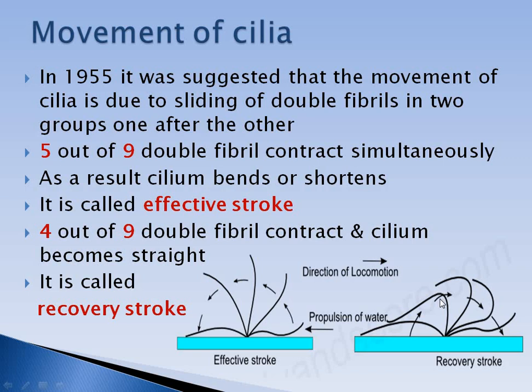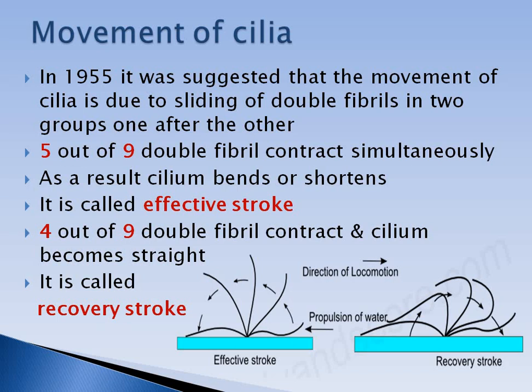In the effective stroke, out of 9 doublets, 5 doublets contract simultaneously, and when they contract, the cilium bends to that side where these 5 doublets are present, and the remaining 4 are relaxing at that time. When these 5 start relaxing, the remaining 4 start contraction, due to which the cilium straightens up.